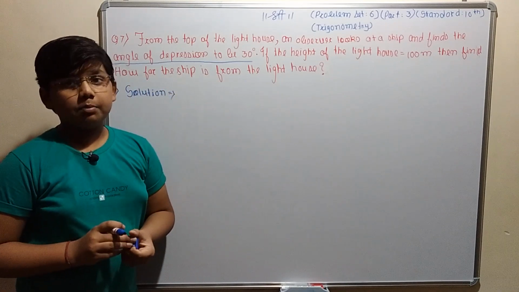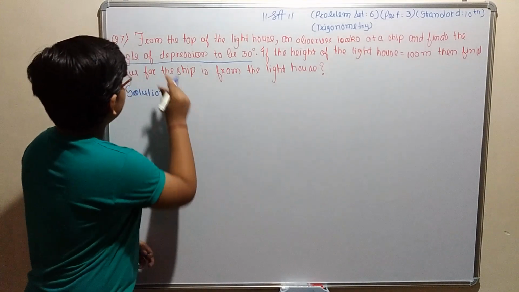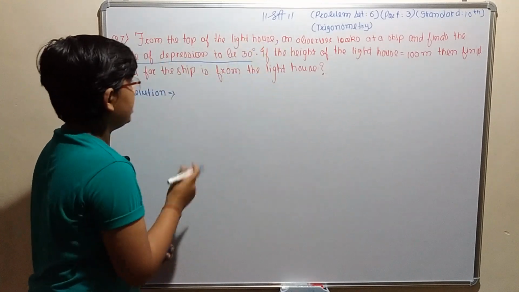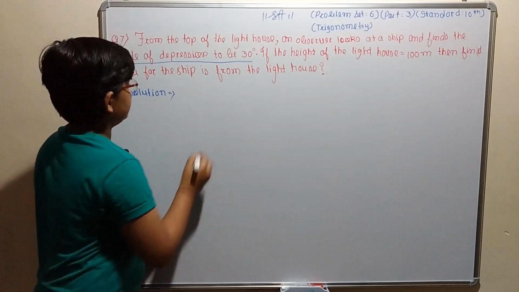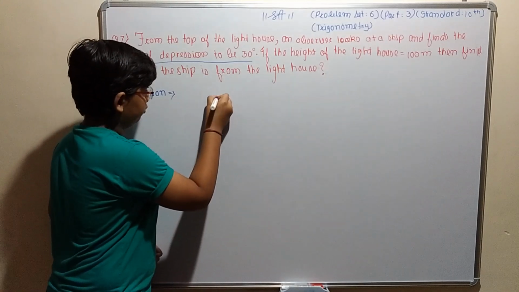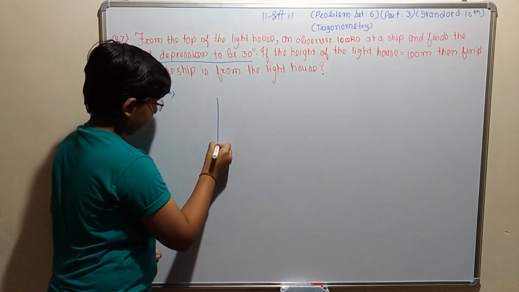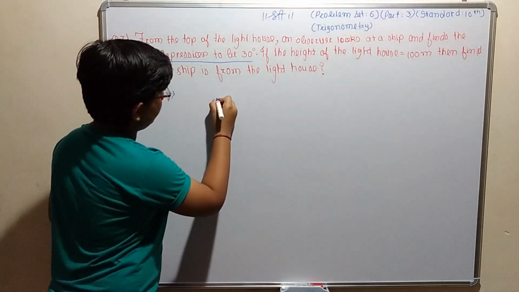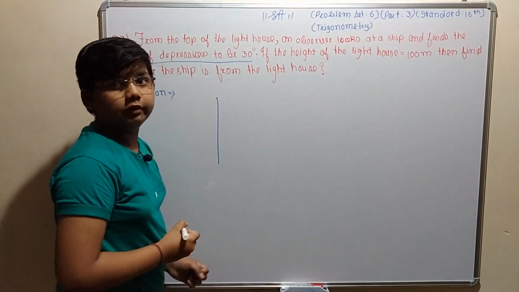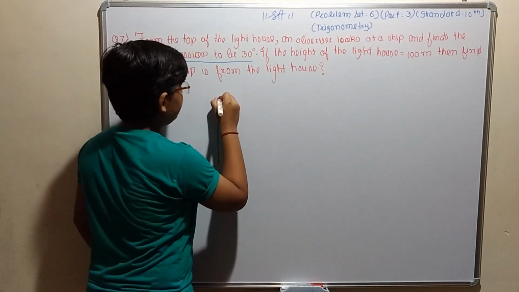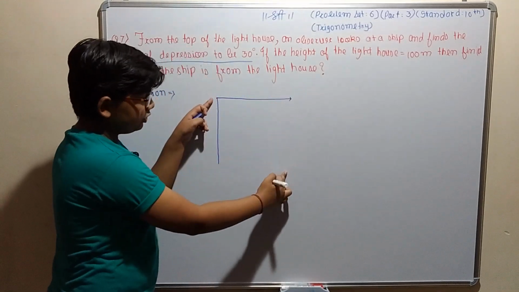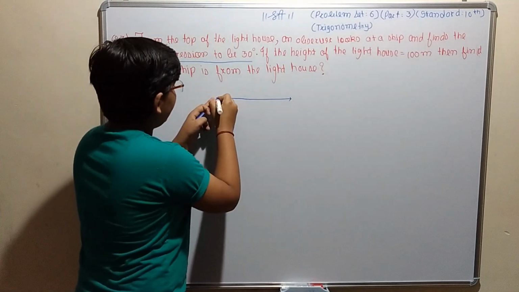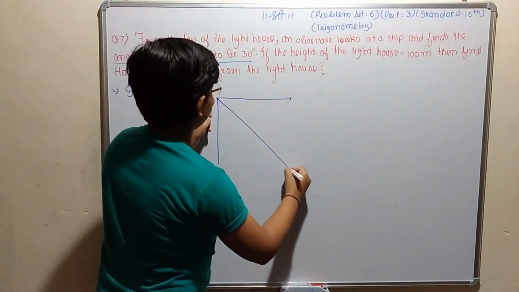Now as much information is given, we will draw. From the top of the lighthouse, an observer looks and finds the angle of depression to be 30 degrees. Let's consider that this is a lighthouse, and at the top of it there is an observer, and this is the line of vision of that observer, and he makes an angle of depression to see the ship at 30 degrees.